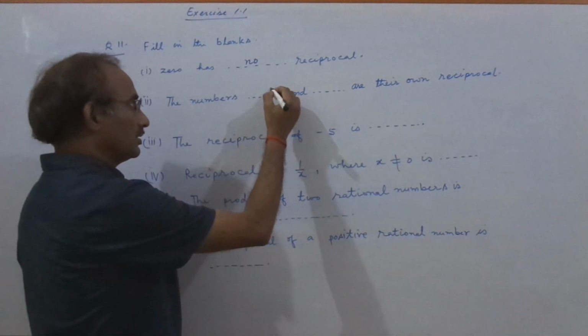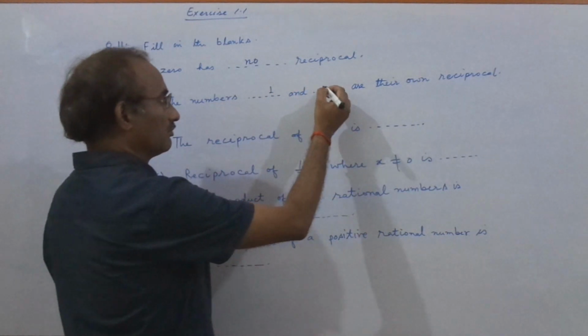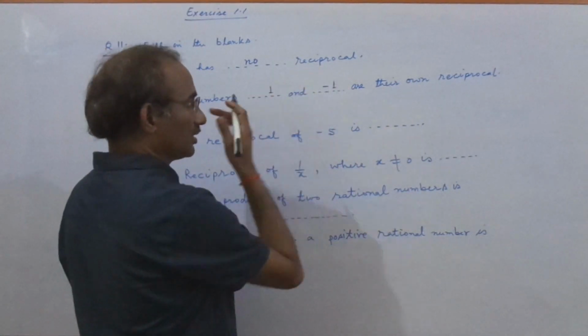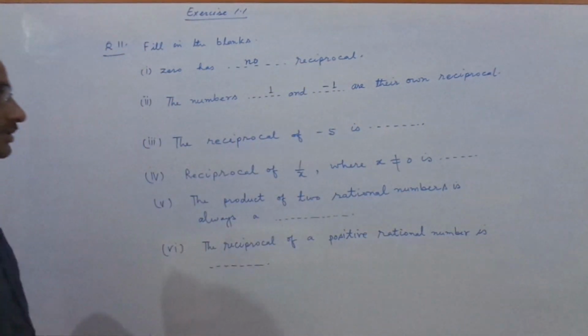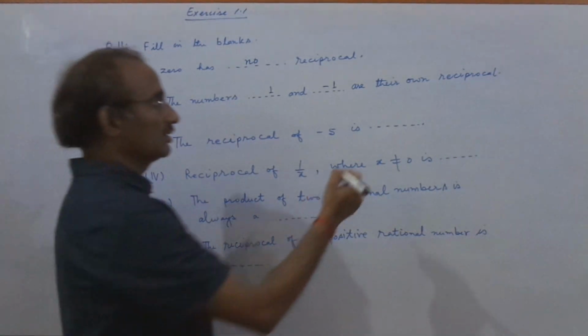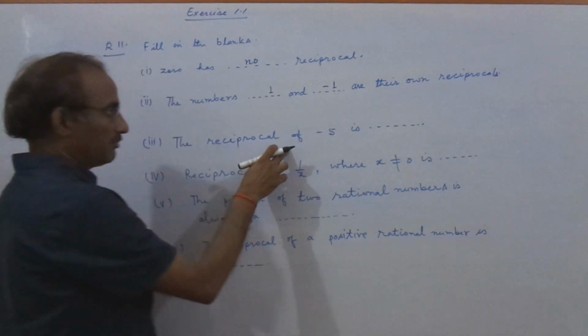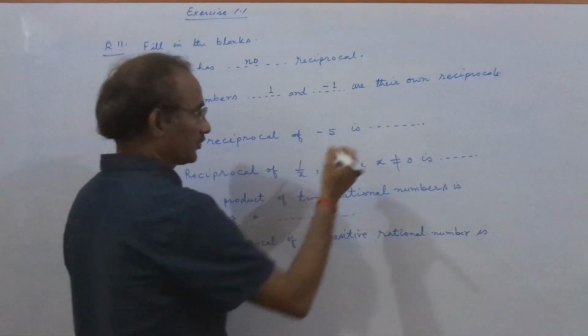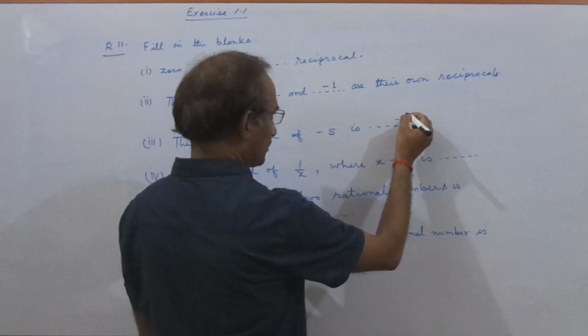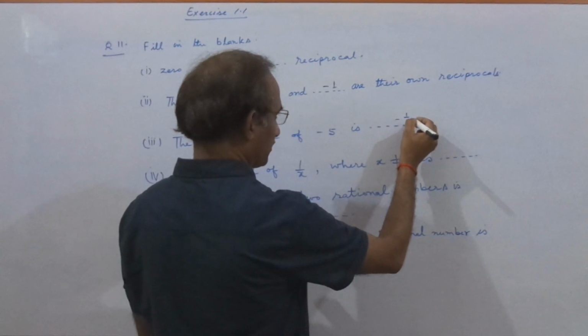So 1 and minus 1 are their own reciprocals. The reciprocal of minus 5 is minus 1 upon 5.